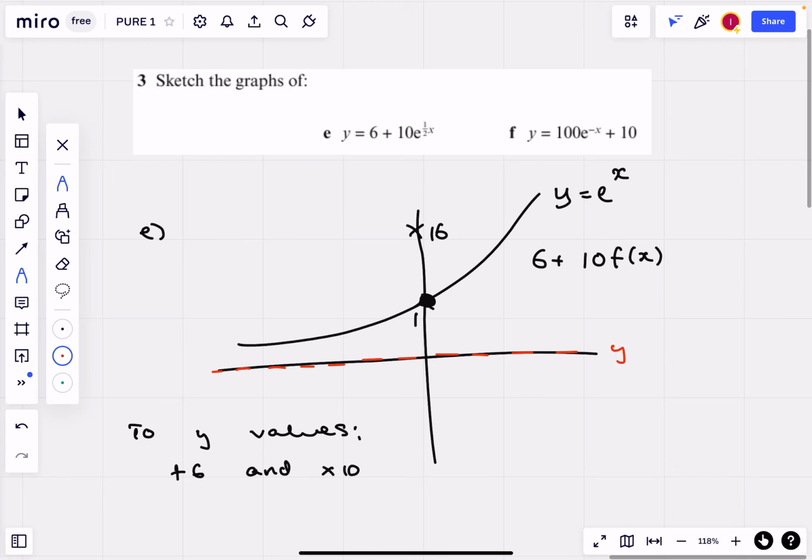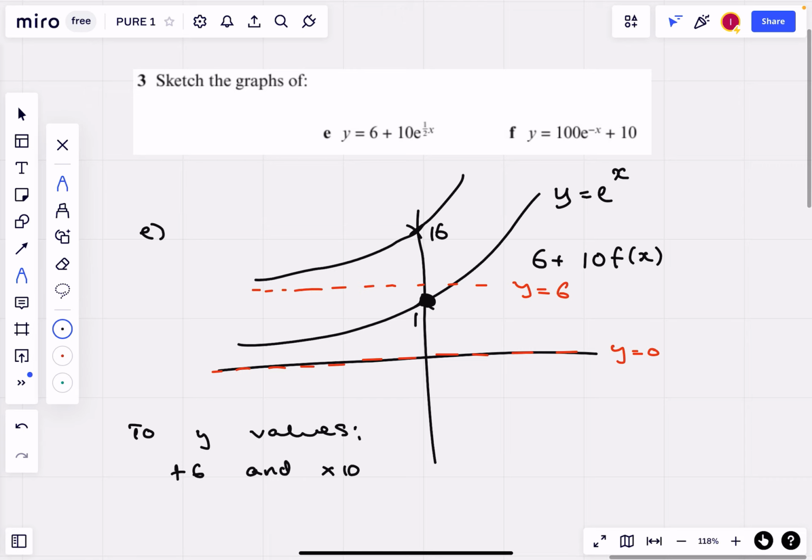At this point, y equals 0. That's the asymptote. Times that by 10, you still get 0. Add 6, and now the asymptote has moved up to y equals 6. So when I draw, it looks something like that.